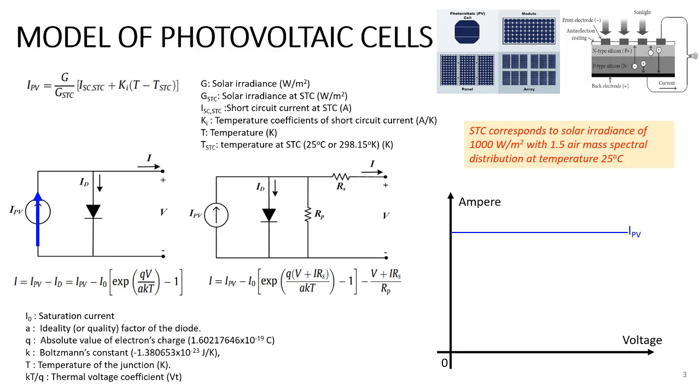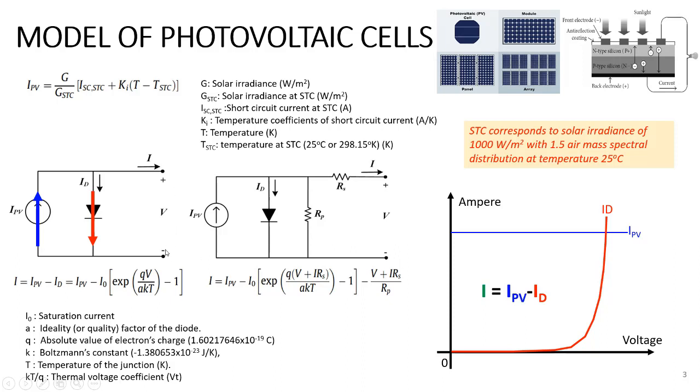IPV is a constant at a specific solar radiation. That's the reason why it appears like a horizontal straight line like this. Meanwhile, the ID current appears as the red curve. Therefore, the output current I of the PV is IPV subtracted by ID.